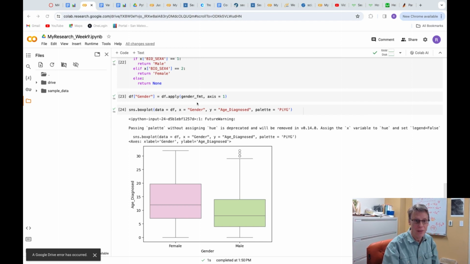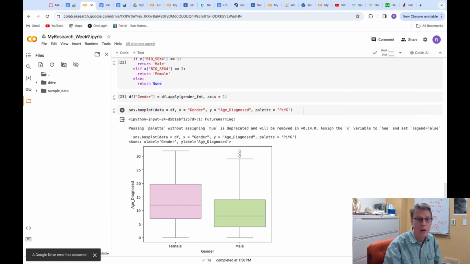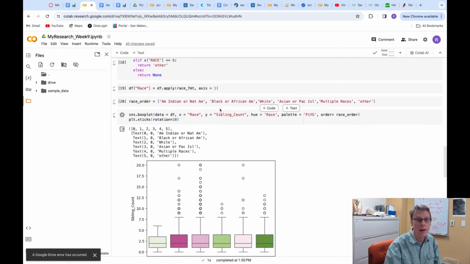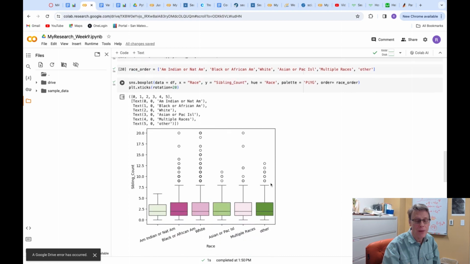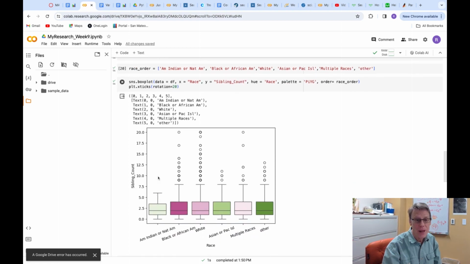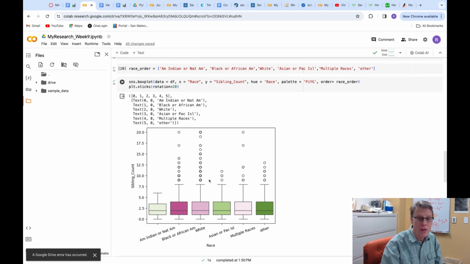Okay, so this is kind of where we left off last week. This file has a bunch of stuff that's going on with my quantitative variables, age diagnosed, as well as sibling count. And in this graph last week, we were looking at different races and whether the number of siblings was markedly different to see if there was an association between these two variables.